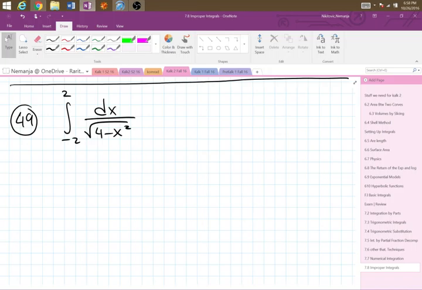Which is just x. No, wait, two. Oh, multicolored stuff.